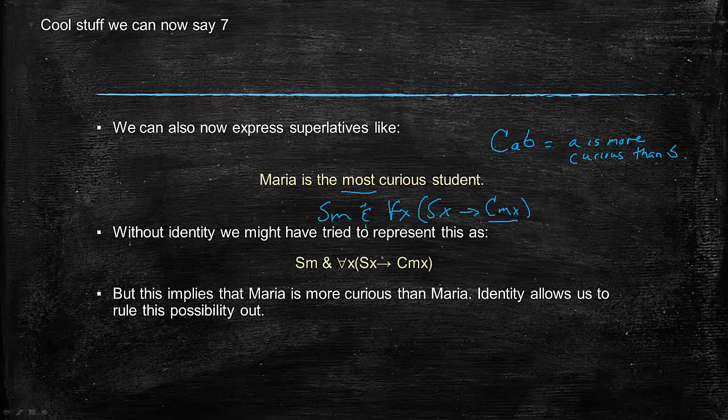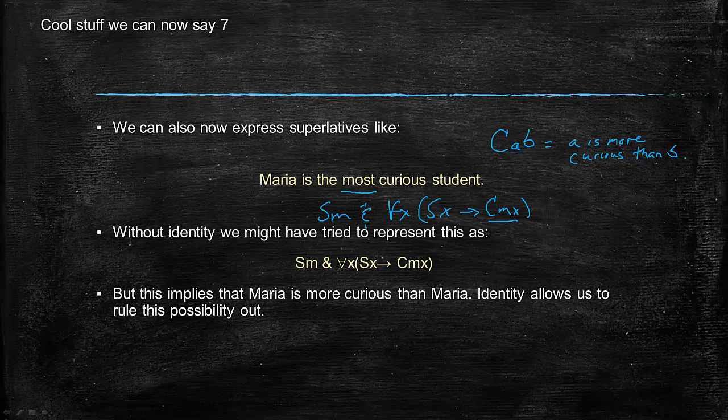So one way of saying that is to think like this. Look, for every student, if Maria is not more curious than that student, then that student is Maria, right?